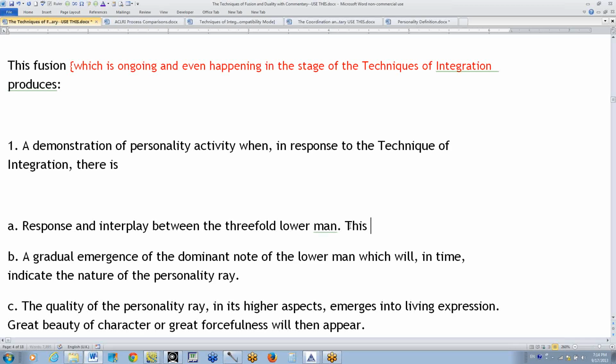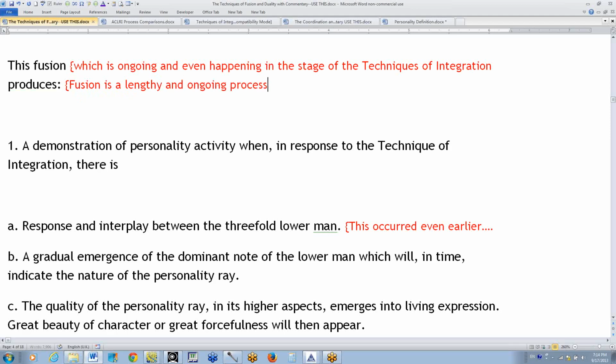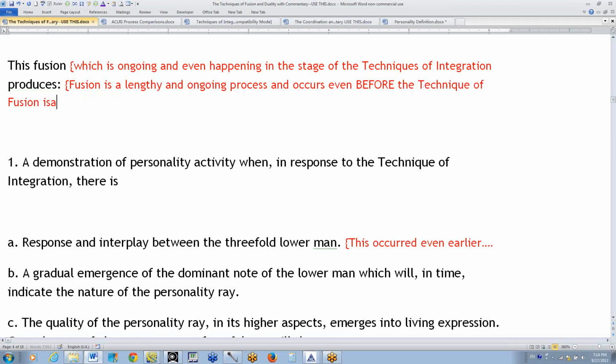Well, this occurred even earlier, right? We had that stage of the dominant personality, 3, 7, or 11 lives, a gradual emergence of the dominant note of the lower man. So fusion is a lengthy and ongoing process and occurs even before the technique of fusion is applied.